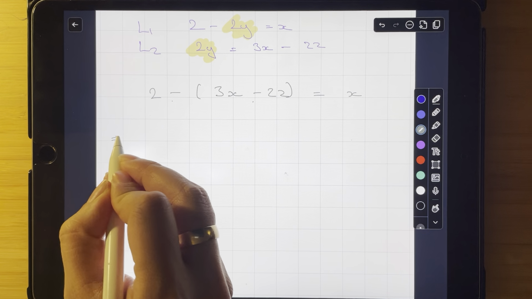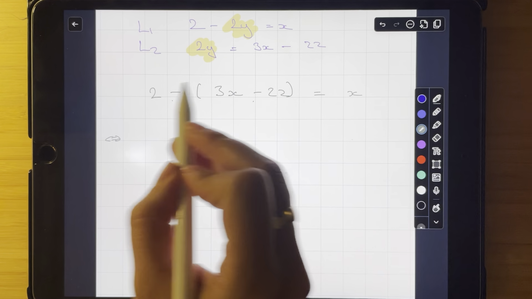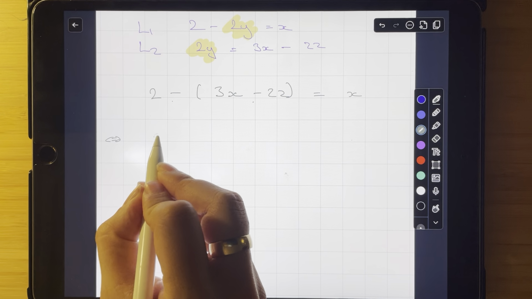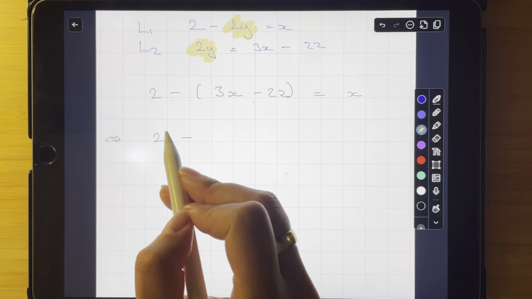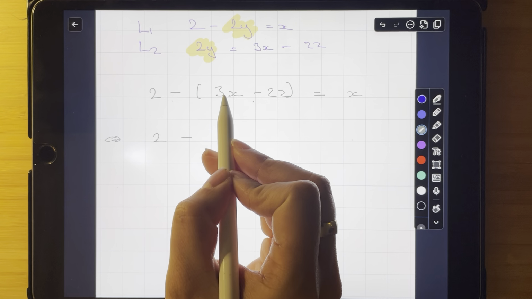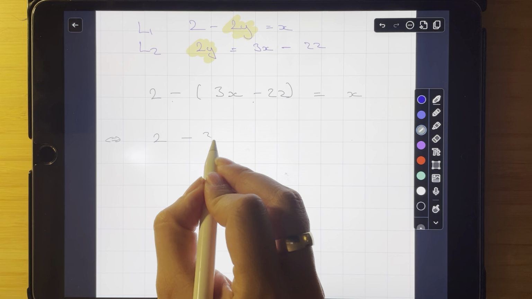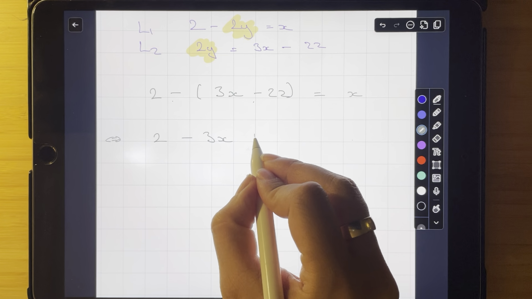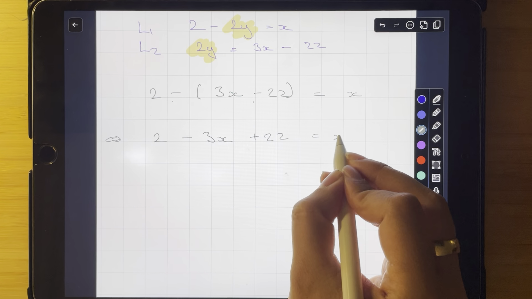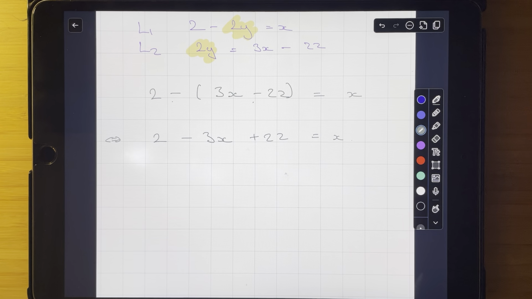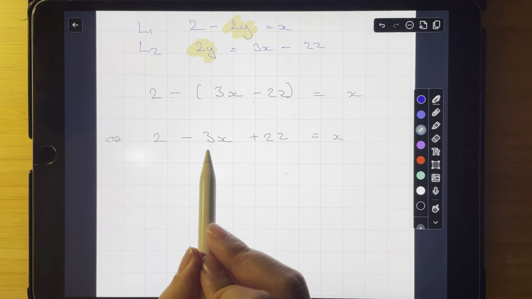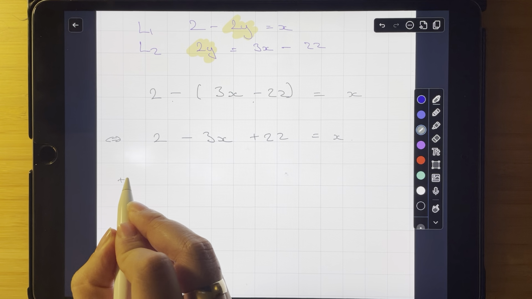This symbol here means the line above is equivalent to the line below. 2 take away minus multiplied by positive 3x, take away 3x, negative multiplied by negative 22 plus 22 equals x. Perfect. And then in brackets, let's put in plus 3x.